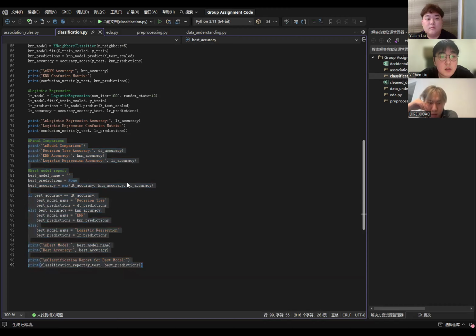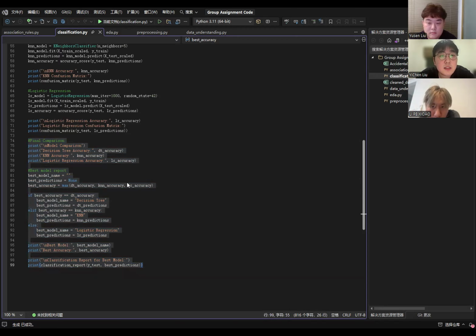Our results show that the decision tree achieved about 76.5% accuracy. KNN achieved about 78.6%, and the logistic regression achieved about 79.6%.